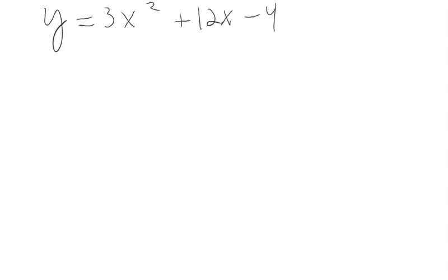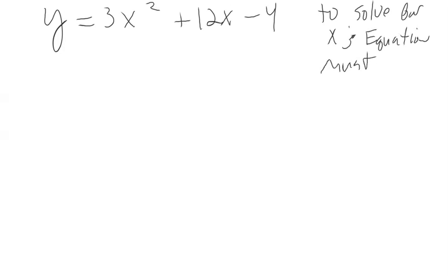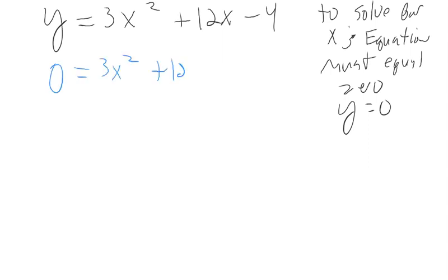Remember, to solve for x, the equation has to equal 0, which means all I say is y equals 0. So my quadratic equation then becomes 0 equals 3x squared plus 12x minus 4.